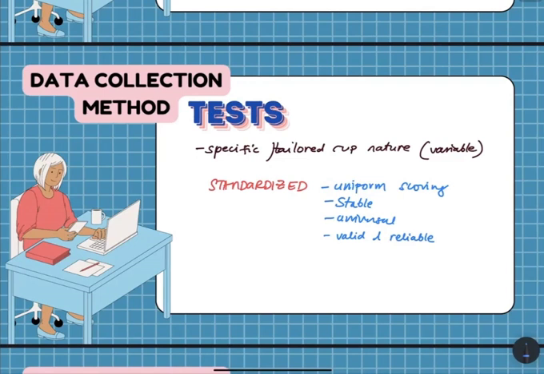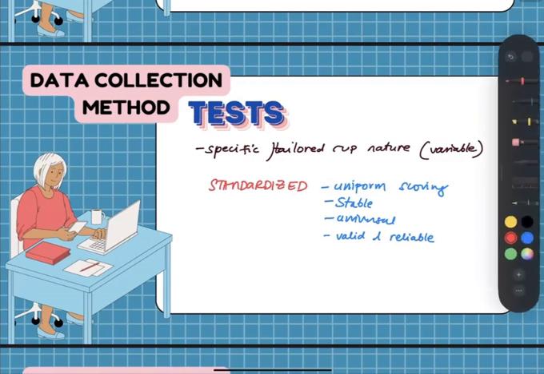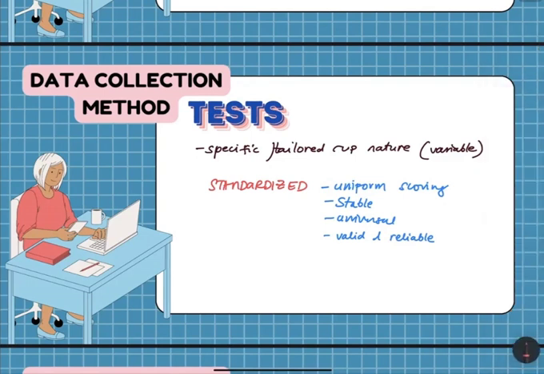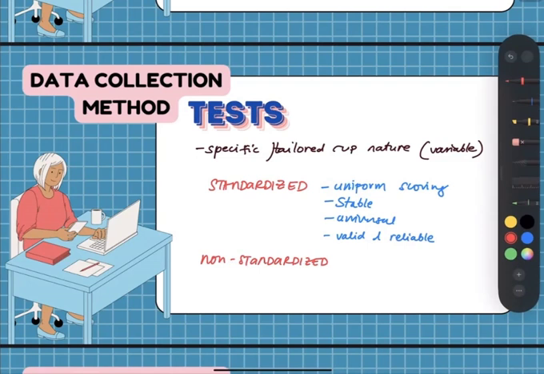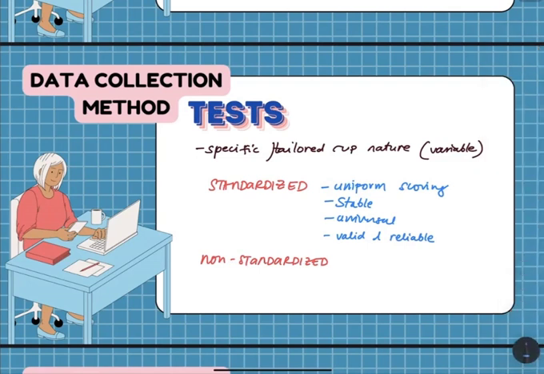All right. So the other type of test is, of course, our non-standardized test. Our non-standardized tests are commonly known as your researcher-made tests. These are tests administered to a certain set of people and limited to a specific context or population.